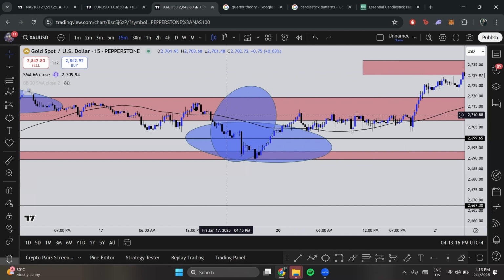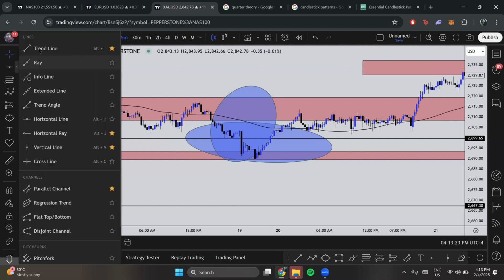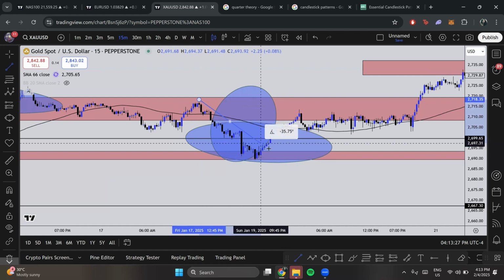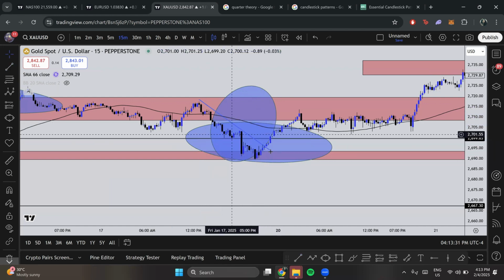The market was going down, and if you just want to use this tool here, which is the trend line, just to draw this down to help guide you. The market was going down, and on the smaller time frame, you got that shift which then confirms that now it's time for it to start to go up.